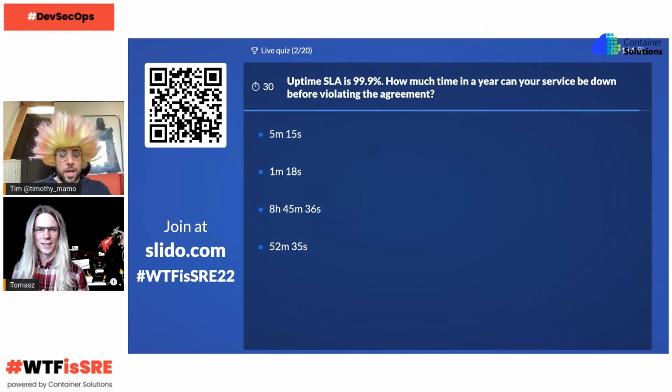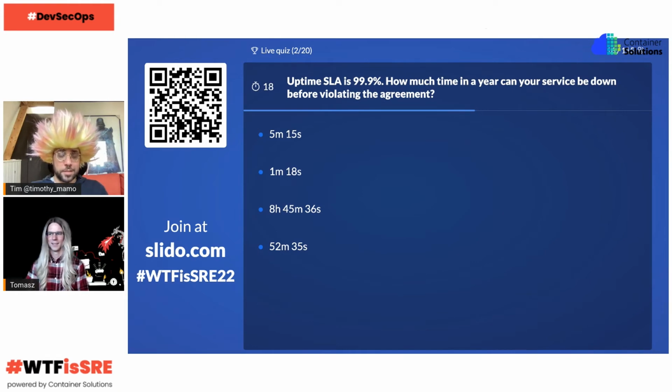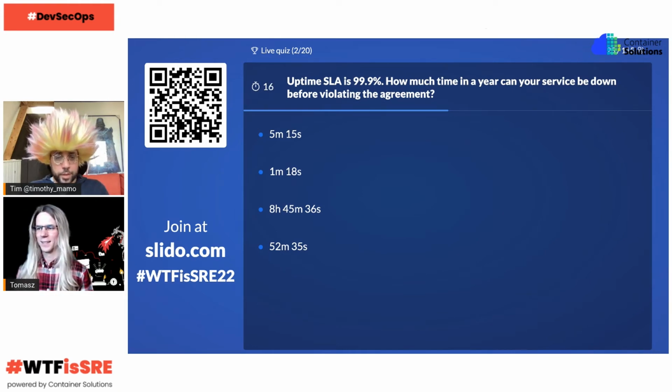So next question. Uptime SLA is 99.9%. How much time in a year can your servers be down before violating the agreement? 5 minutes, 15 seconds, 1 minute, 18 seconds, 8 hours, 45 minutes, 36 seconds, or 52 minutes, 35 seconds.